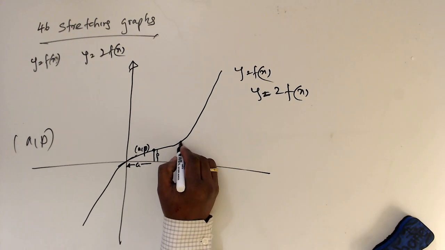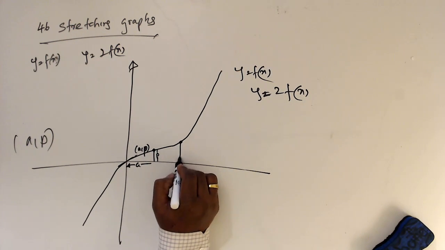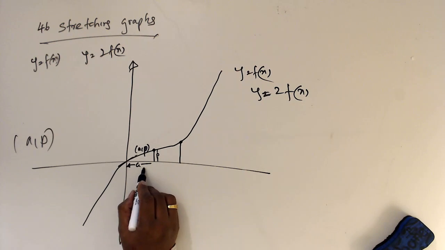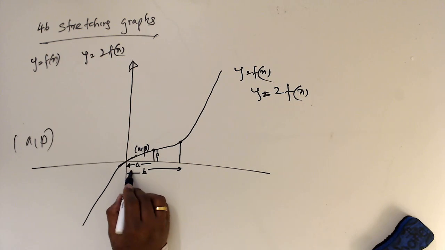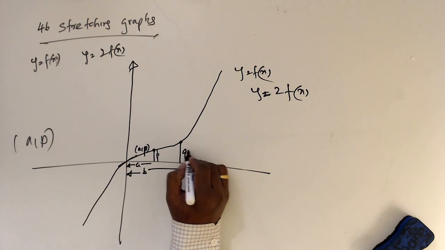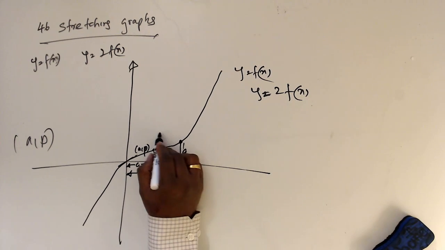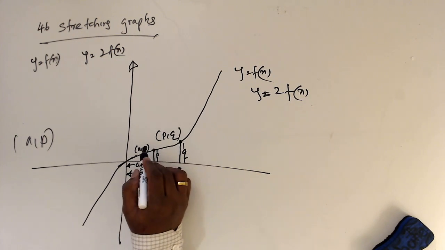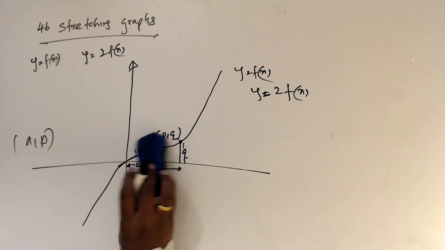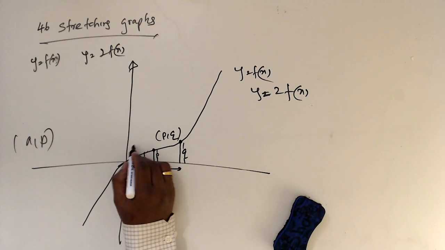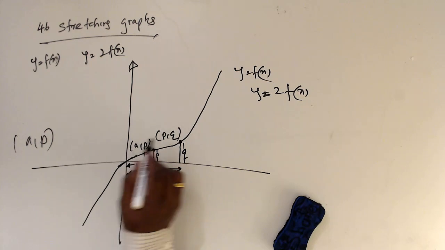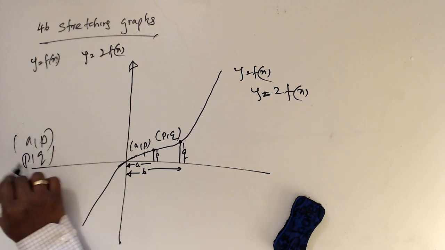I pick up a point in the bend. This distance is b and this height is q. The point is (b, q). So this point is (a, p), and this point is (b, q).